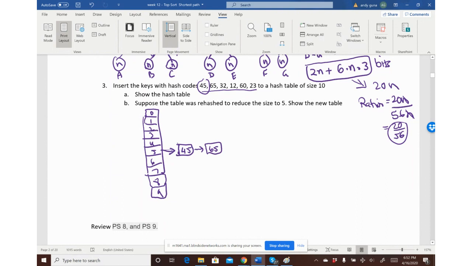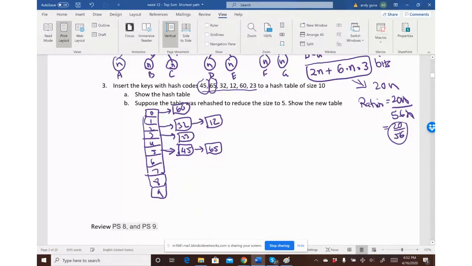You're going to be searching for 45 or 65, right? So it depends. It doesn't matter. You just put it in the front. 32 goes into this one here, and 12 also goes into this one because you take the mod 10. 60 goes into this one, and then 23 goes into this one.